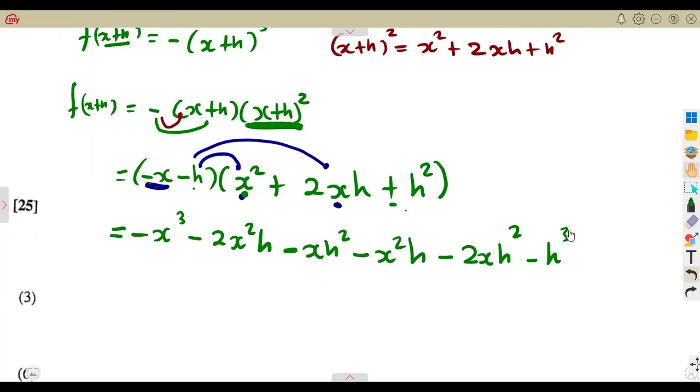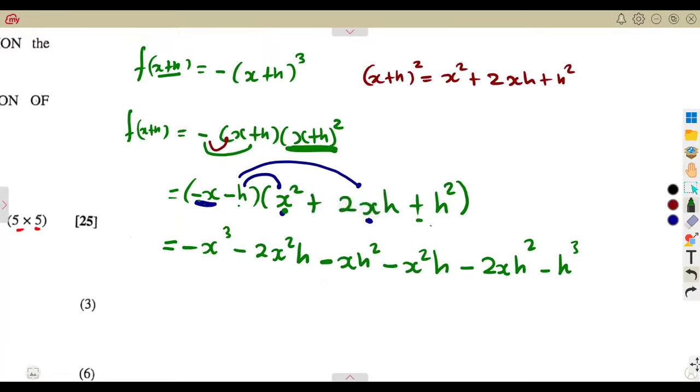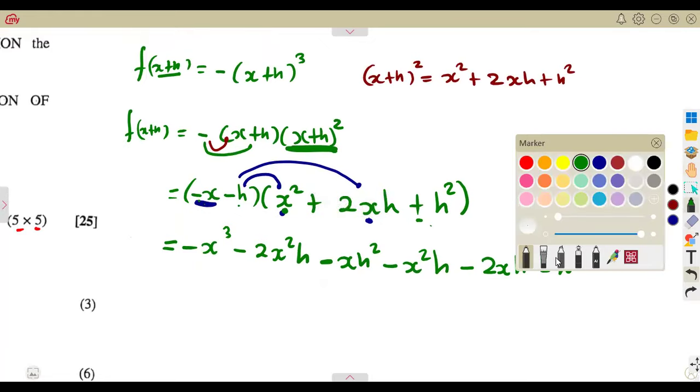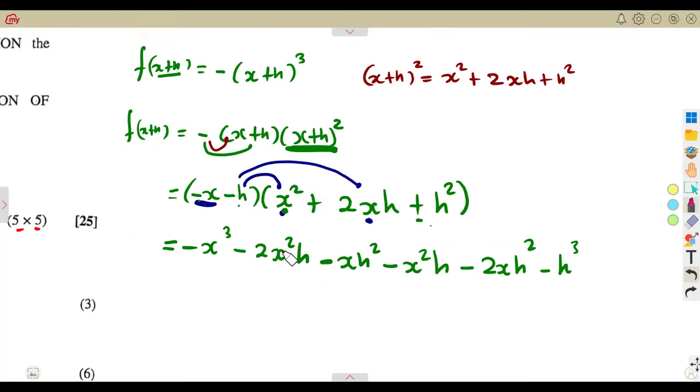So with this, we can collect our like terms. So we're going to collect the like terms in this case, meaning to say the part of x cubed is just on its own. But this part of h where we have got minus 2x squared h, minus x squared h, is this part of h there.